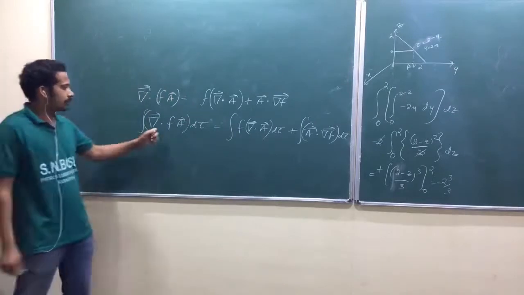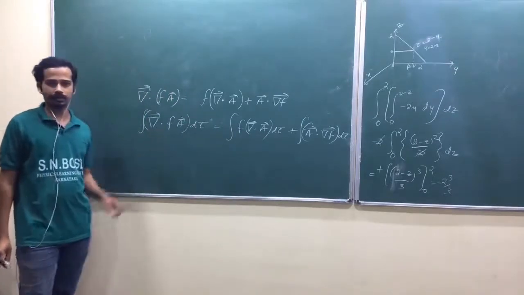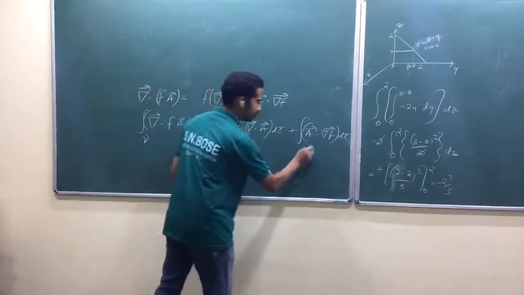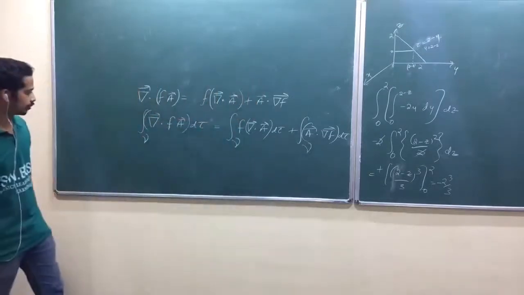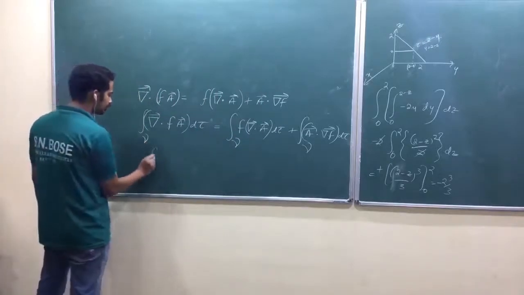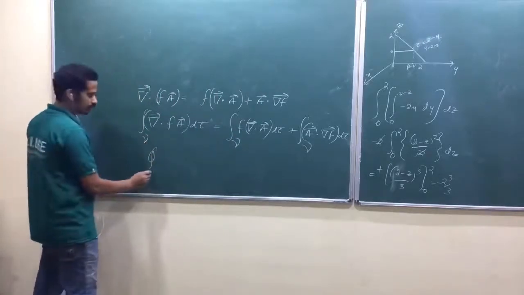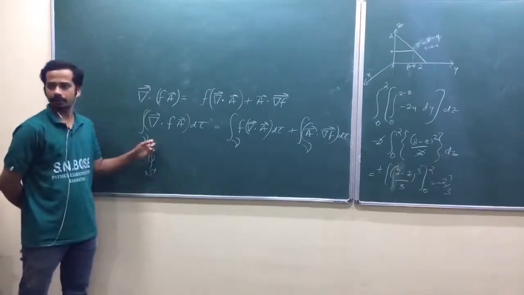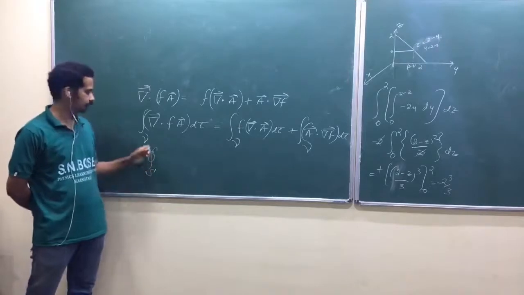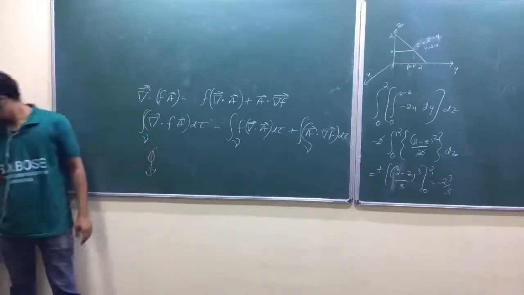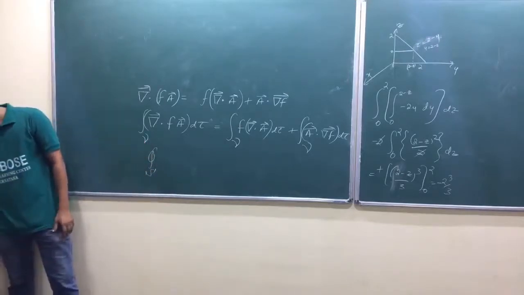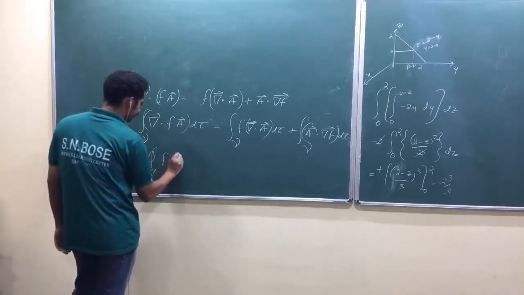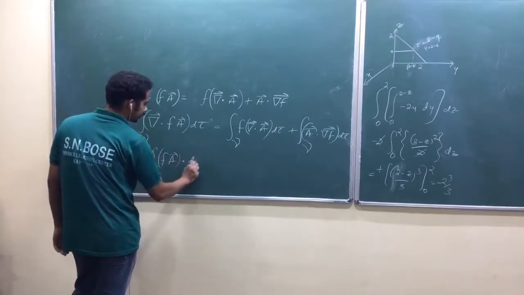Now, this part, you can use your Gauss theorem, right? You are doing one volume integral throughout some volume V. You can convert that into a closed surface integral, am I right? That surface is the boundary of this volume, isn't it? So now that will become f A vector dot dA, am I right?